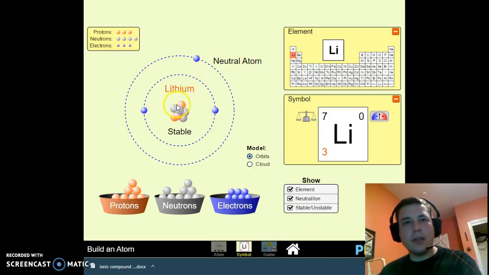It turns out lithium is stable with 4 neutrons. It's also stable with 3 neutrons. Today, in talking about ions, we're talking about this charge up here. And it turns out most of chemistry has really nothing to do with the nucleus of the atom.